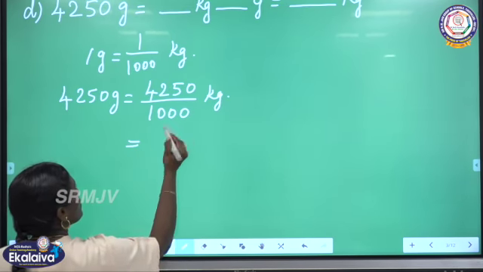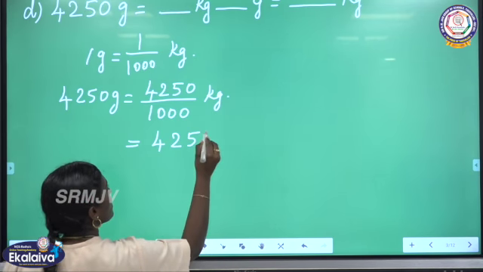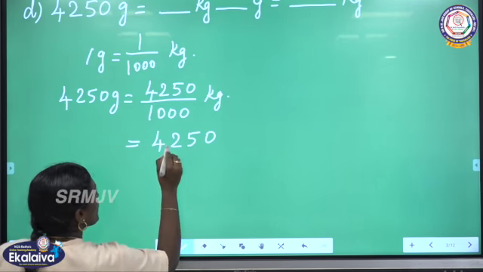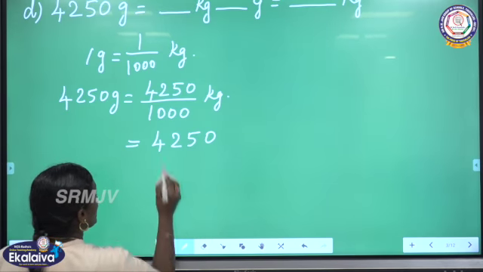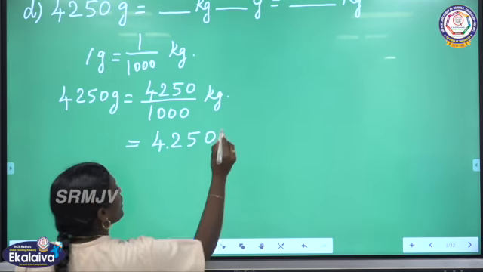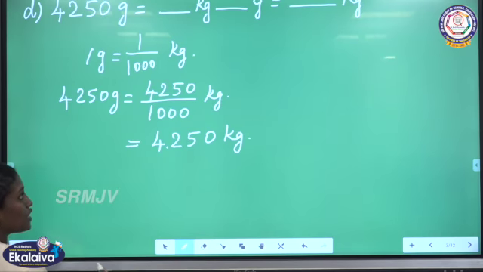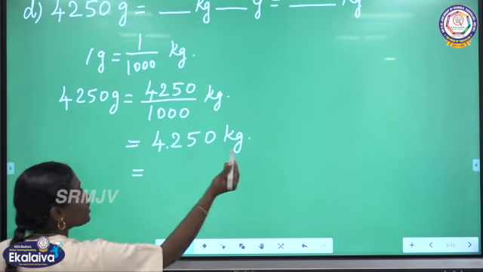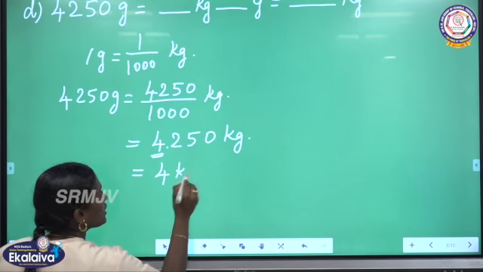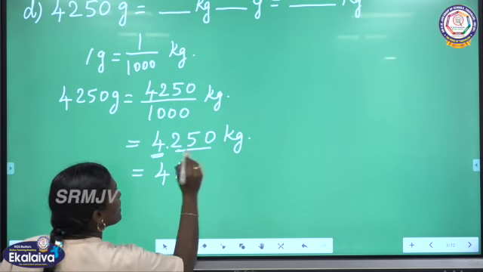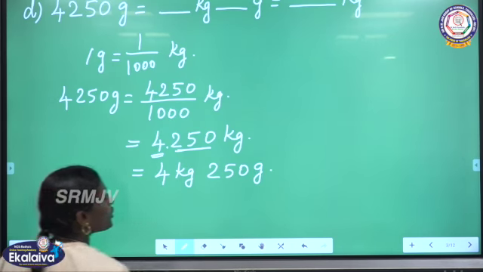Now 3 zeros are there. So we need 3 decimal places in the answer. So from the last, before 3 digits we have to keep the decimal point. Then it will become 4.250 kilogram. Now we got the answer in decimal number. So the whole number part 4 is the greater unit kilogram and the decimal part 250 is the smaller unit gram.